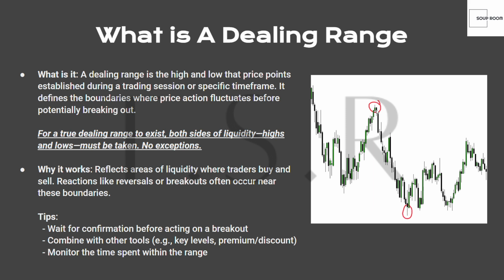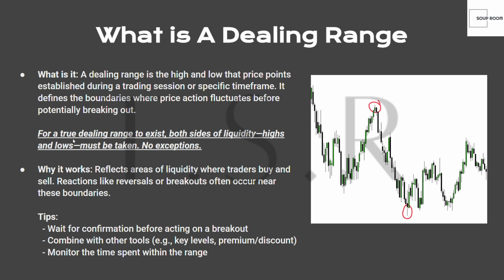This will tell you a range. It will create a range on your chart so that you can visualize price action within it. Right? Very important range. Price action will fluctuate within the range before either breaking out or below.